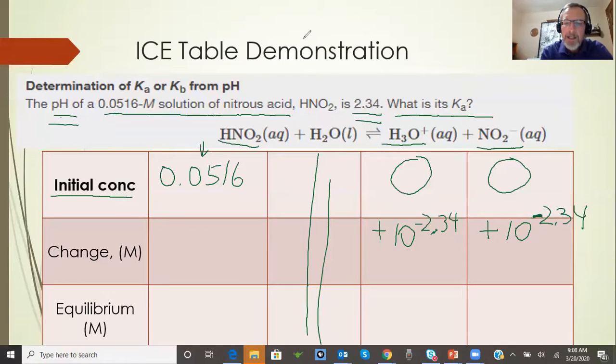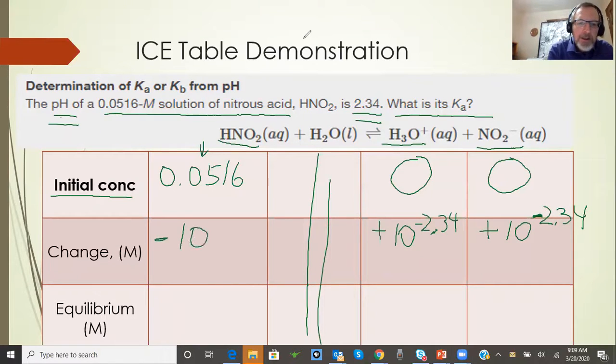So if these have a plus sign, and we remember from our equilibrium work, what should the sign be here for the change? Anybody? Connor? Negative. Be negative 10 to the minus 2.34. All right, good.